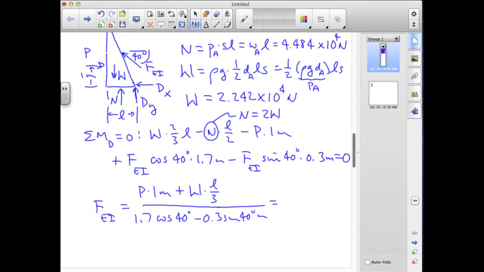And plugging in 127.1 kilonewtons for P and 22.42 kilonewtons for the weight, and L equals 0.529 meters, this ends up giving us again 118.1 kilonewtons for the force carried by the brace EI.